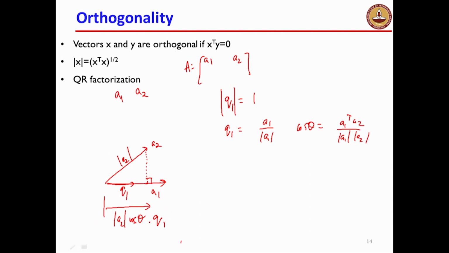From A2 I am going to subtract the component along A1.